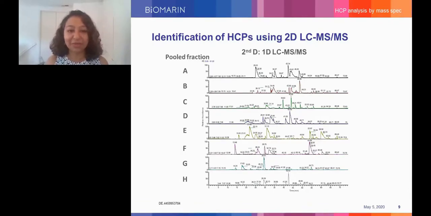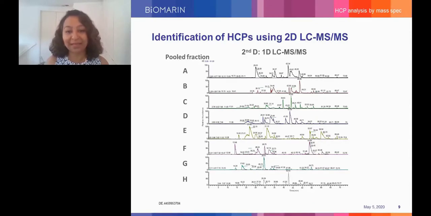But basically what you can do is run your sample through the first dimension and collect, instead of collecting 8 fractions in this case, you could, for example, collect 48 fractions. And then you could pool every 4th fraction. And that way you're sampling different fractions with different chromatography profiles from the reverse phase: early eluents, eluents in the middle, and eluents at the end.